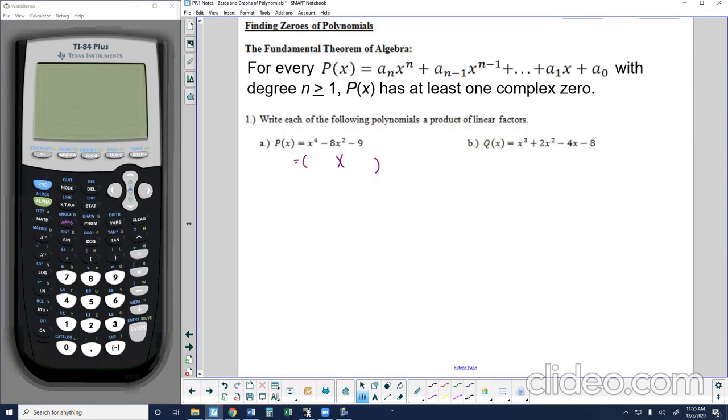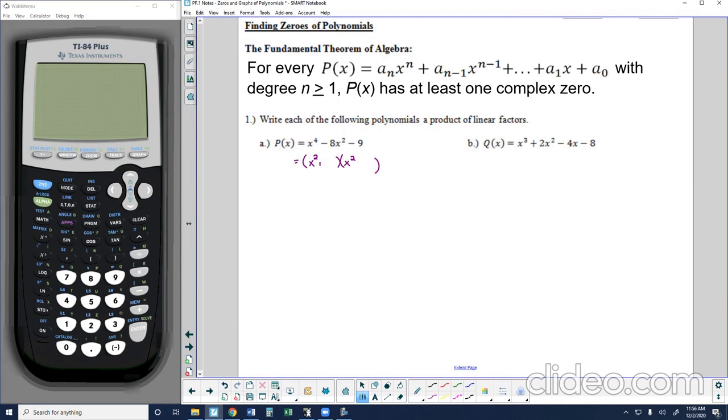Now as we factor this, this is going to become x squared and x squared as my initial terms in each grouping, because I want to distribute x squared to x squared and get an x to the 4th. Also through distribution, I need a negative 8x squared. Now I know the second term in each has to multiply together to give me a negative 9.